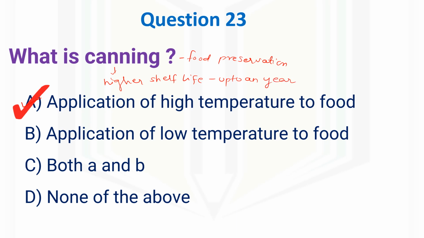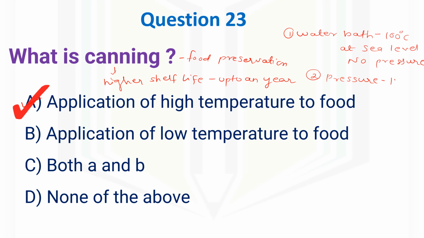Depending upon the methods, there are two methods of canning. One is water bath canning. This is done at a temperature around 100 degrees Celsius at sea level, and no pressure applied. No pressure. Second one is pressure canning, where a temperature of around 121 degrees Celsius is applied at a pressure of 10 to 15 psi, that is pound per square inch.